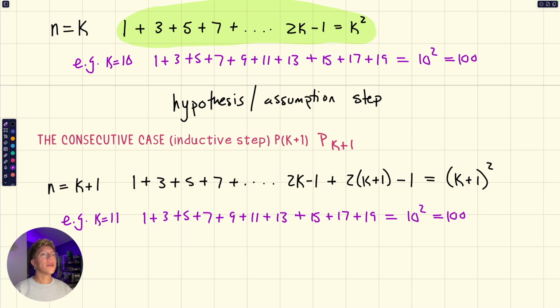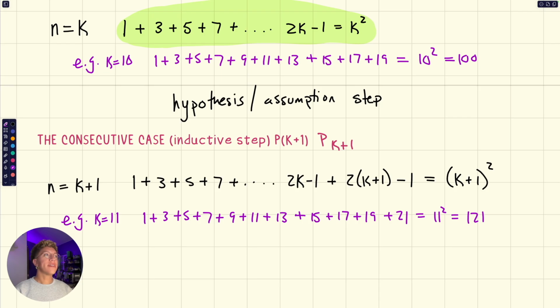Then this whole series is now going to go up to 21. And we're going to get plus 21 is then equal to 11 squared, which is 121. So we have some case, then we're trying to prove the case after it as well.